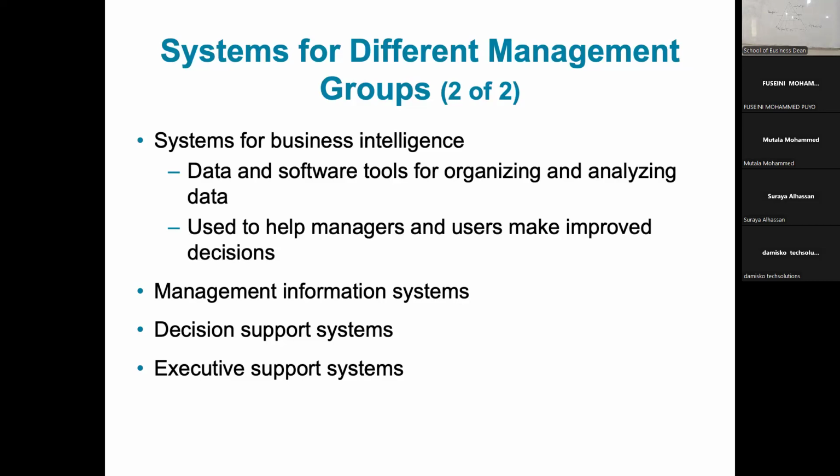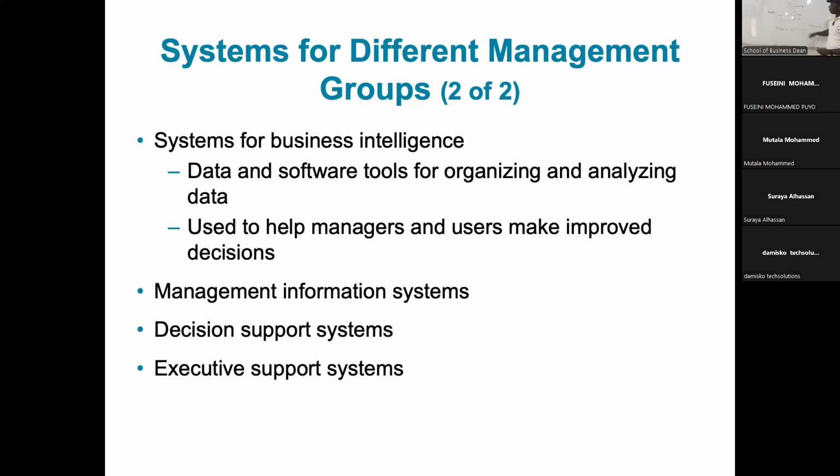So now listen to this interesting thing. Well, I don't know if it will be interesting to you. You may come across a course titled Management Information System. But we are saying today that management information system is a type of information system that serves a particular level in the organization, the management. Are you getting it?